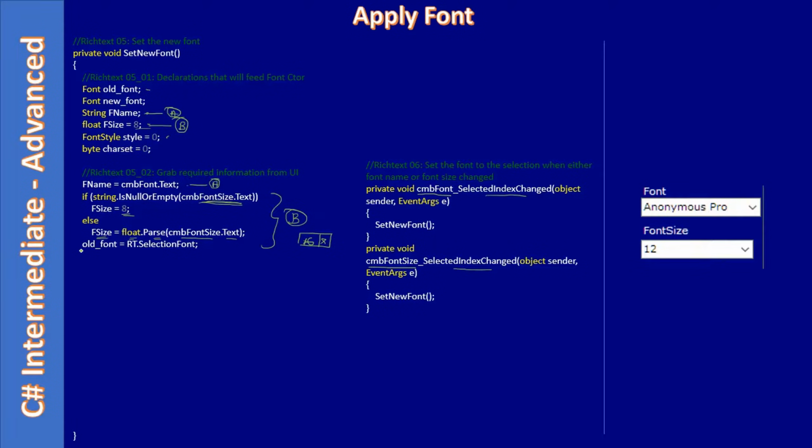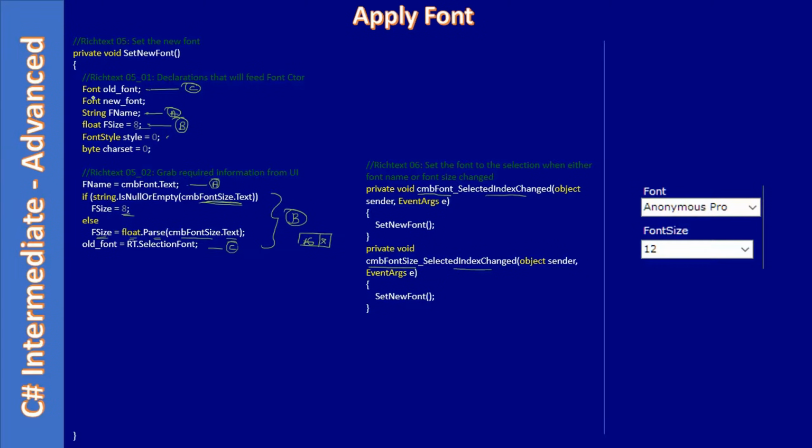And here if you see old font rt.SelectionFont, so this will be our old font, right? We are storing that as well, and we retrieve selected text. This is a rich text box, the RichTextBox.SelectionFont property that retrieves the font associated to the selected text.